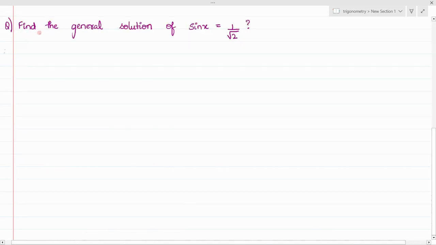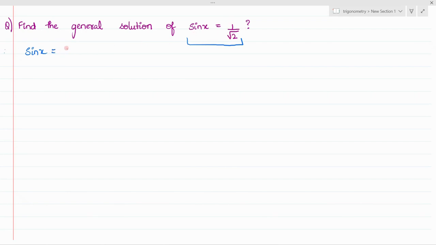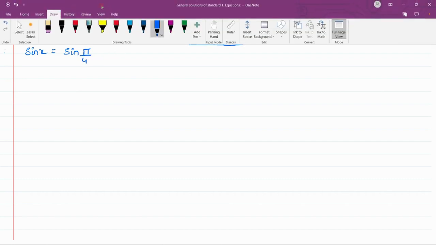In this question, it is given: find the general solution of sin x equals 1 by root 2. So how do we write this? First write the equation: sin x equals 1 by root 2 can be written as sine of pi by 4.